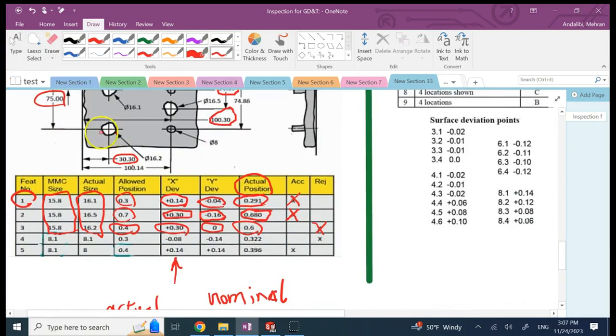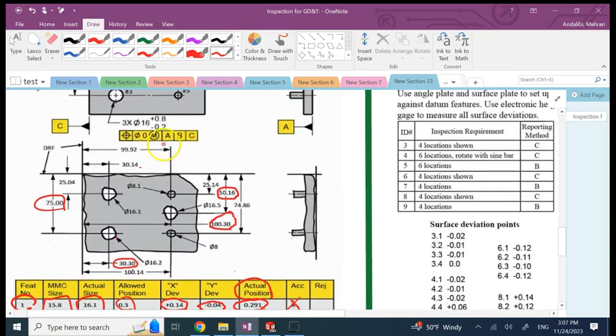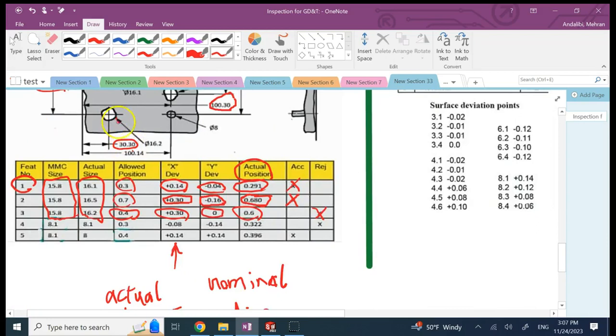So in order to fix that, we may make this hole a little bit bigger. As long as we are less than 16.8, we are good. So here the deviation is 0.6, so this number has to be bigger than 0.6. Let's say, for example, if this number was 0.7 instead of 0.6, I would have been fine.